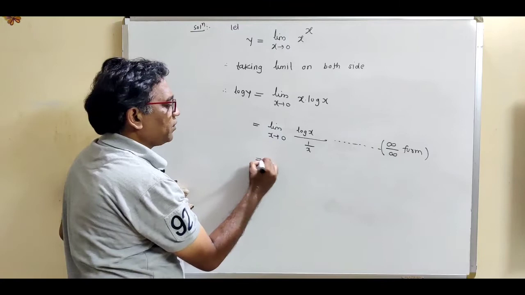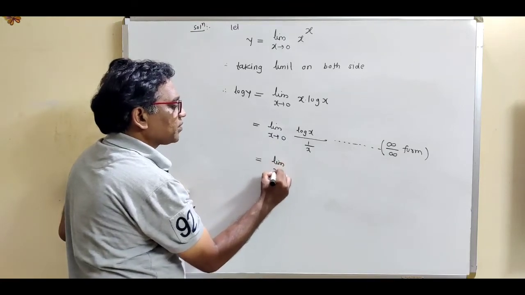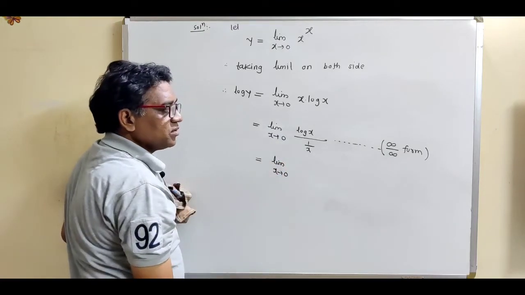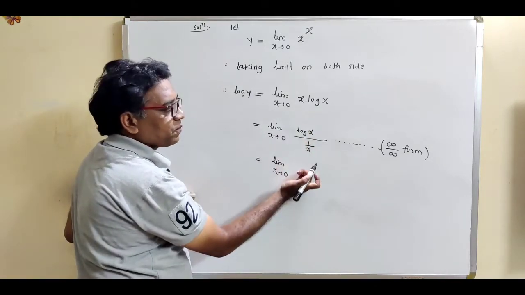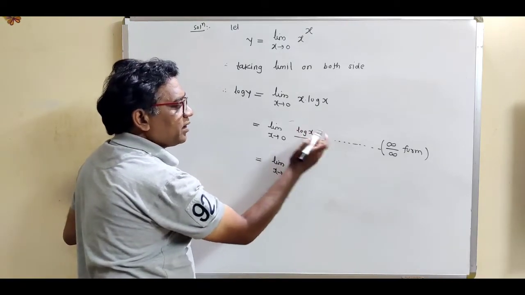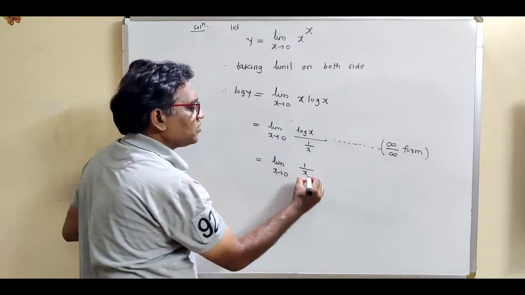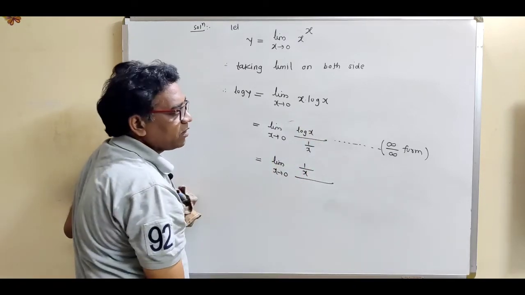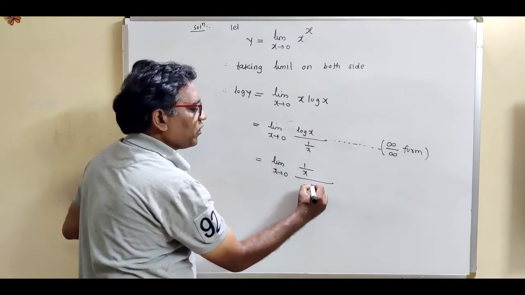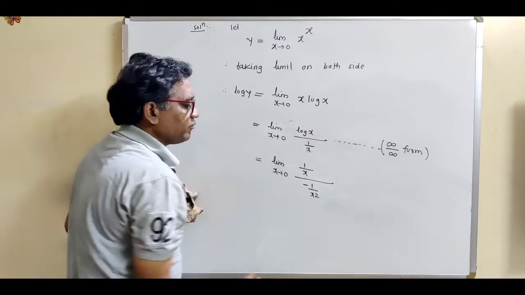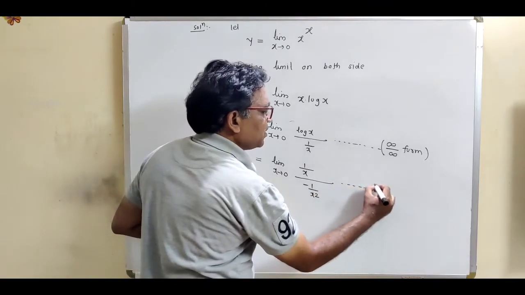So what is L'Hopital rule? This is limit x tends to 0. So what is L'Hopital rule? Just take the separate derivative. Derivative of numerator, derivative of log x, it is 1 upon x divided by derivative of denominator, derivative of 1 upon x is minus 1 upon x square. So just give the reason.